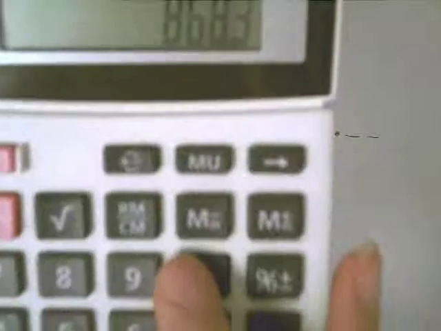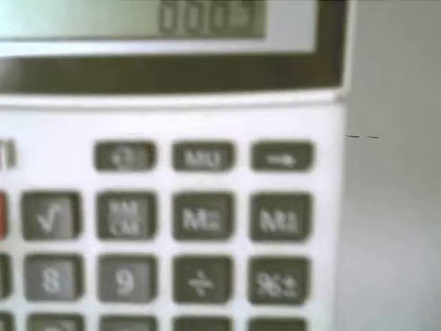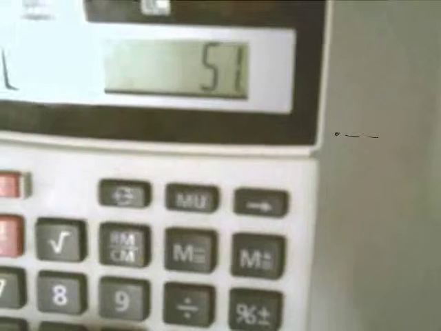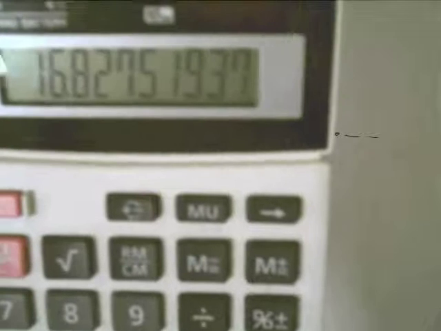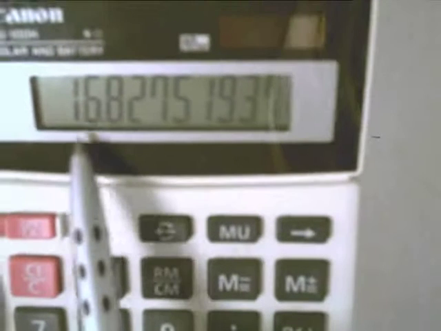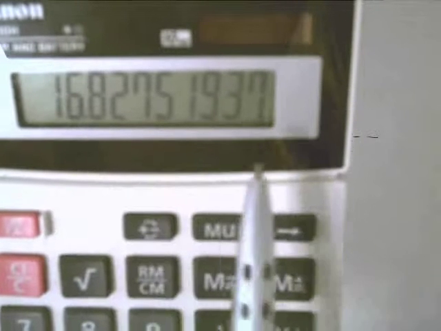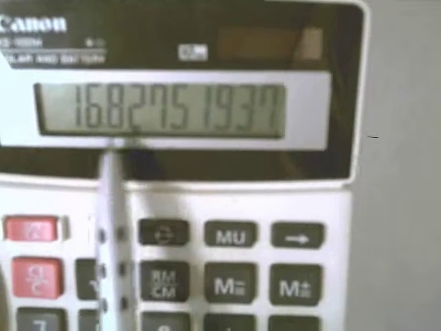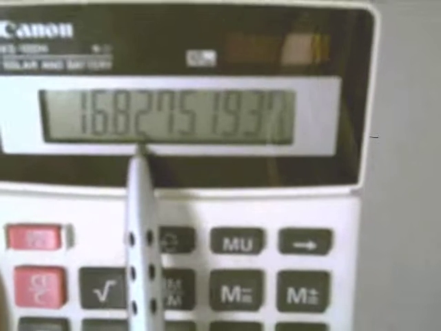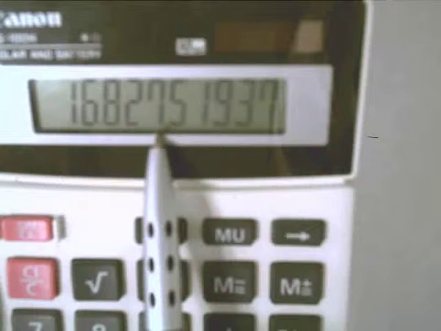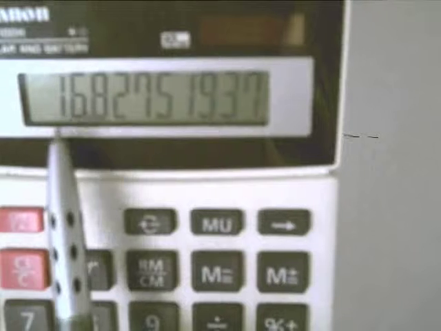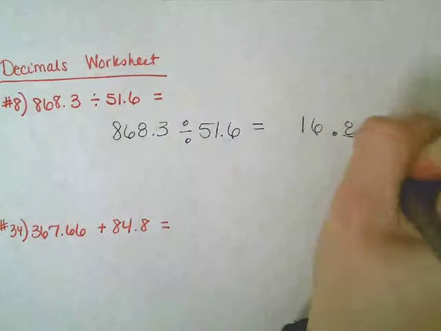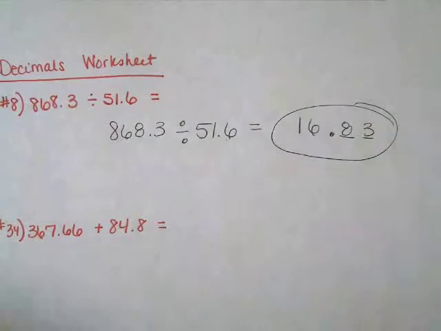Then I hit divide, and then I type 5.16 and equals, which gives me 16.8275. I'm going to put this to 2 decimal places because that's how many decimals there were, so I have to round it. It's 16.83 because this is larger than 4, so my answer is 16.83. And that's my answer.